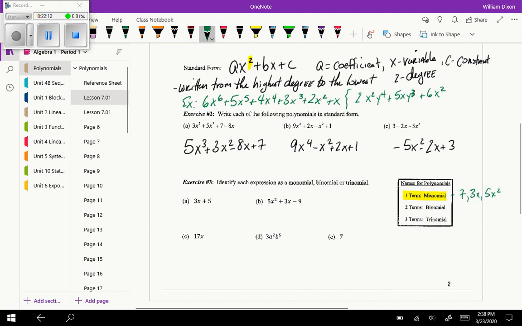Binomial has 2 terms. Bicycle has 2 tires. Okay, so that would be an example. 3x plus 5. All right, those are 2 terms. That's a binomial. And then the last one is a trinomial, and we're going to see that quite a bit. That is 3 terms.